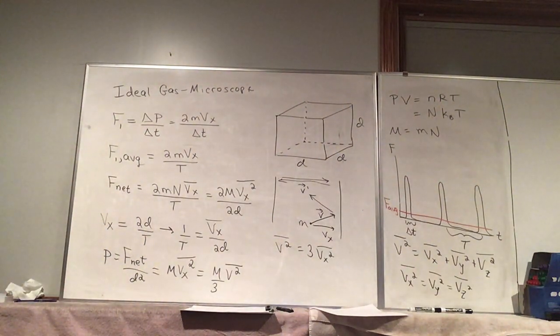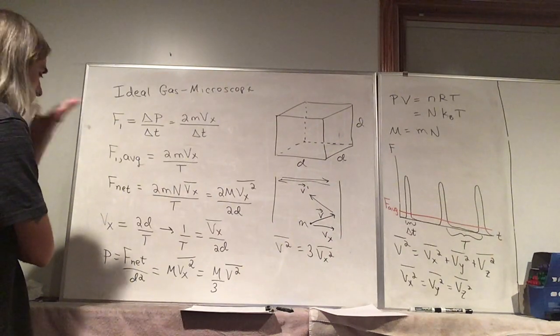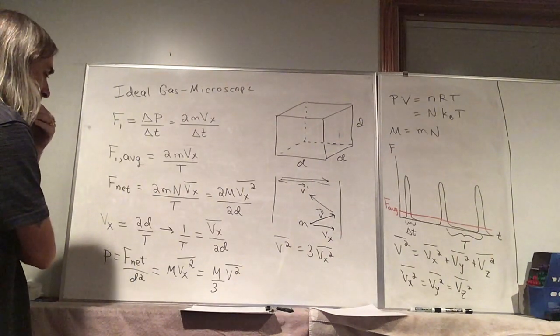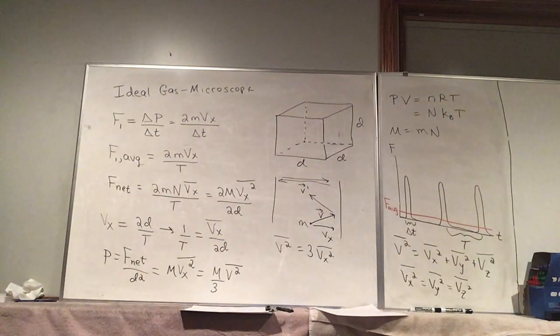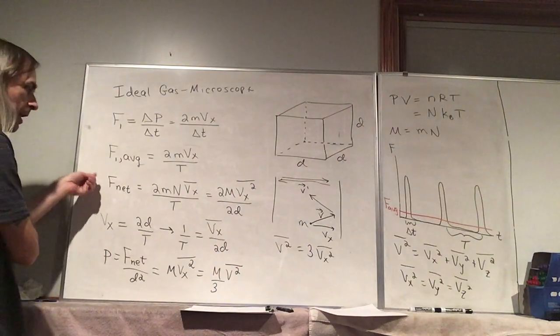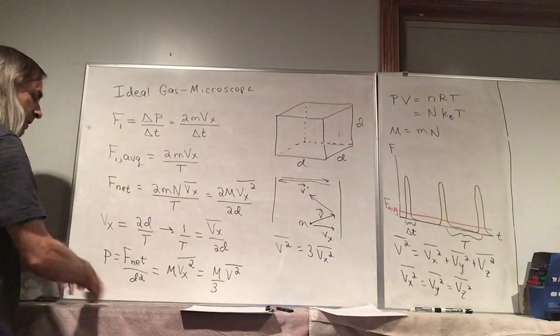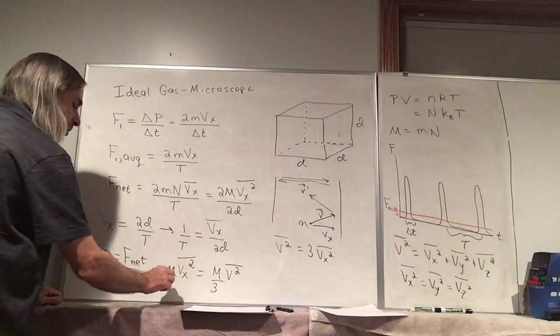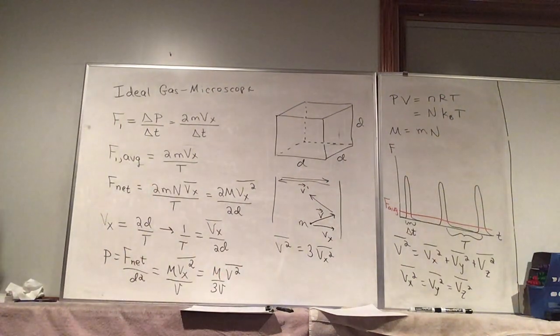Now, totally out of room here. I might be able to cram one more equation in here. I think I made a mistake as well. I neglected something. What did I do? Okay, the f net here, mvx squared over d, and then we divide it by d squared. What I forgot to do is divide by the volume.